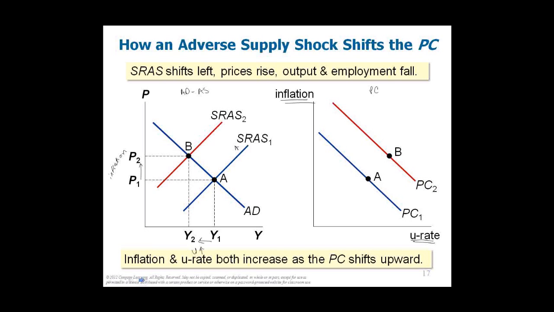If we look at the right, at the Phillips curve, remember that point B will be plotted further out on a different Phillips curve. And so we see here that an adverse supply shock is also going to shift the short run Phillips curve to the right. And it's like a worsening. This trade-off becomes worse between our unemployment rate and our inflation rate.